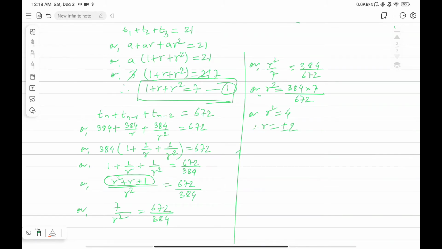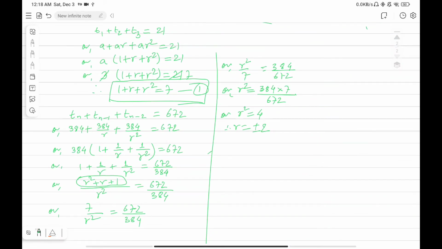If it is minus 2, let's see what happens: 1 minus 2 plus the square of minus 2, which is plus 4. 4 plus 1 is 5, 5 minus 2 is 3. So we are getting 3 equals 7. This is absurd, which is not true. So we'll reject the negative value for r, and hence we'll take only r equals plus 2.